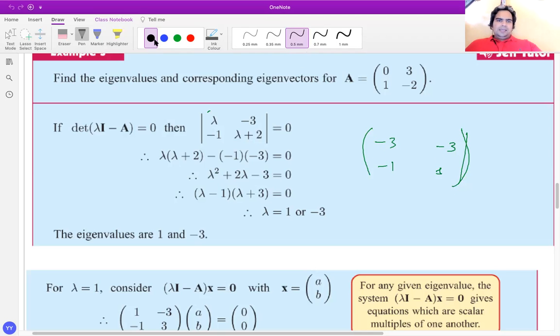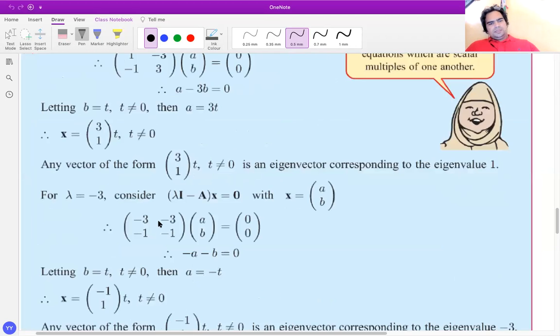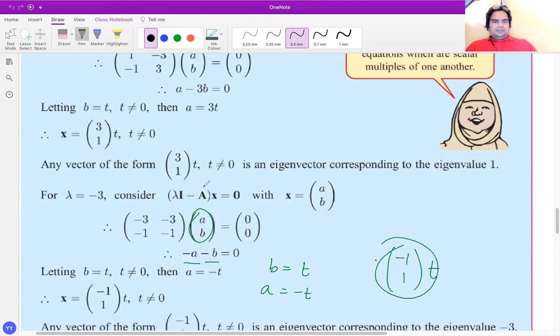We follow the same procedure and multiply out with a and b, and the answer should be 0, 0. If I open up the bracket, I get negative a, negative b. If I take b as t, I get a is negative t. So the vector is [-1, 1] times t. This is the eigenvector.